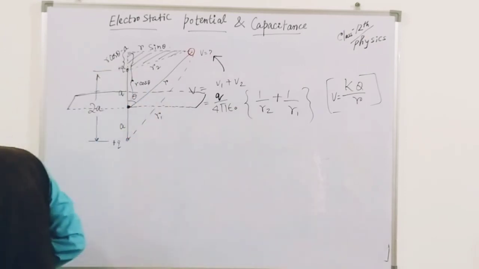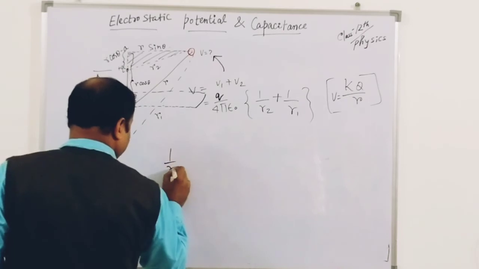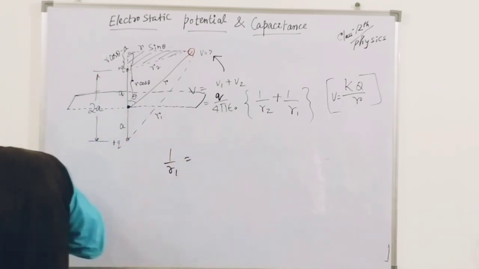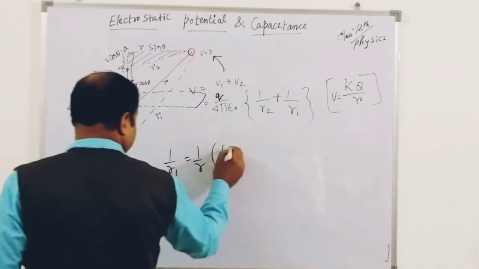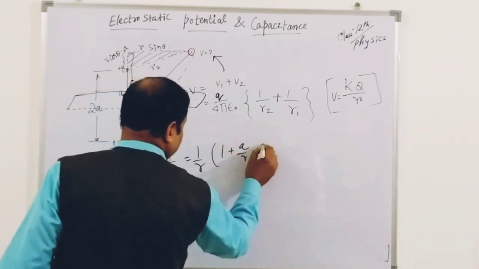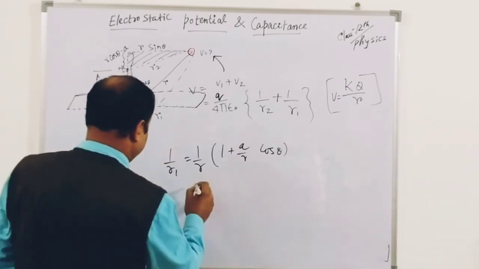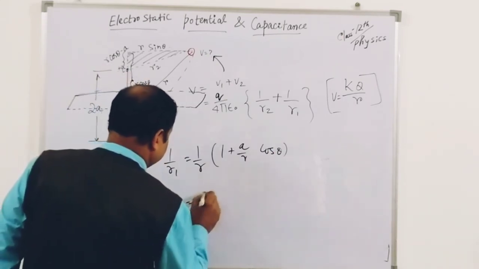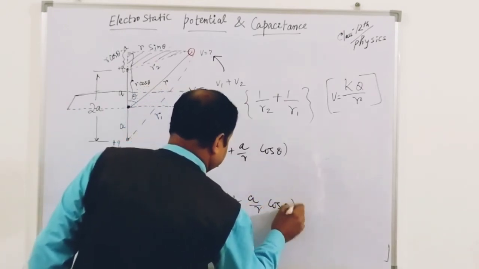Okay. And initially, V1, what we have already proved, is 1 by R1, which is 1 by r times 1 plus a by r cos theta. And 1 by R2 is 1 by r times 1 minus a by r cos theta.